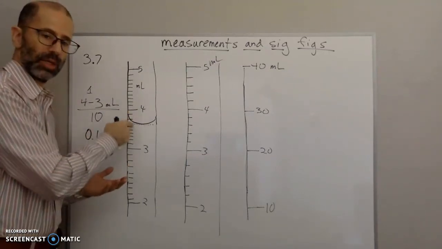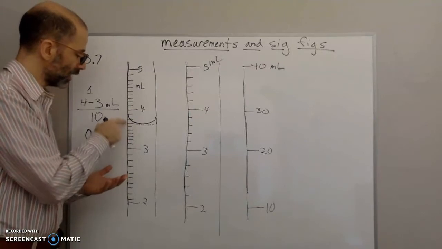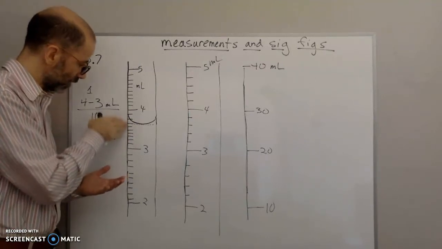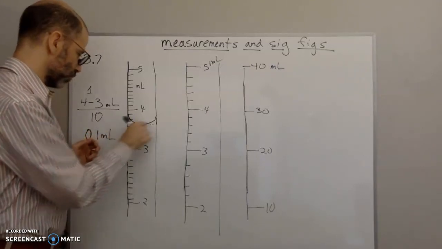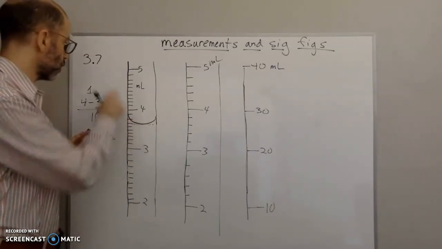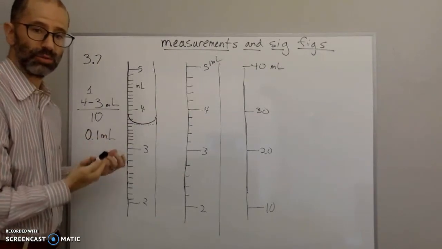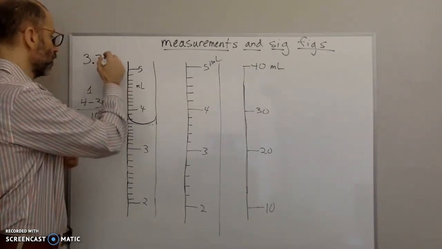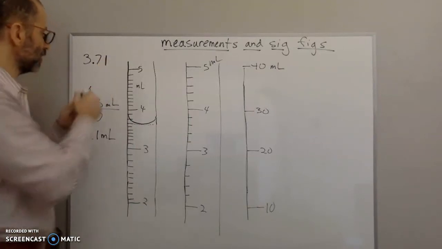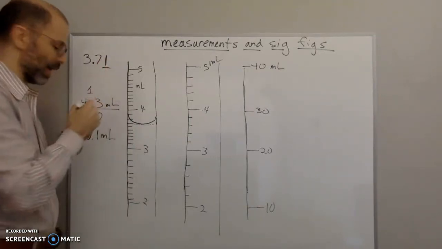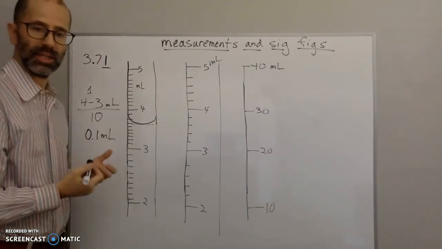I can mentally divide this into 10, and I can say, okay, it looks like it's pretty close to the line, so I might say 7-1 or 7-2, right? So let's say I say 7-1. The last digit here is my estimated digit.